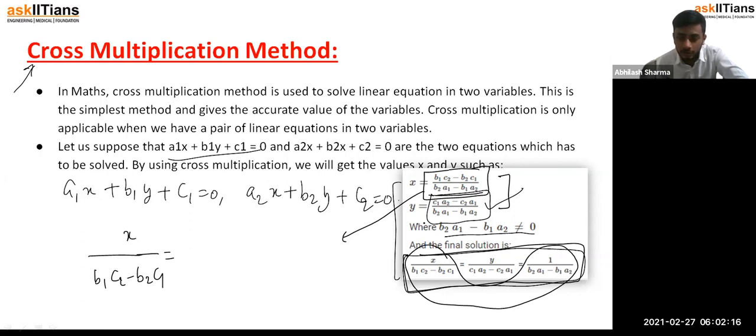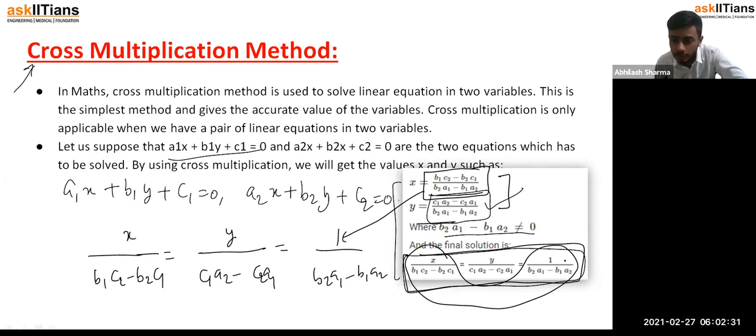And from this equation also you are getting y upon c1a2 minus c2a1 equal to 1 upon b2a1 minus b1a2 only.